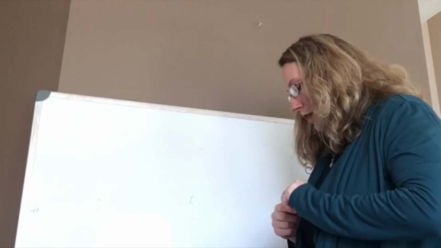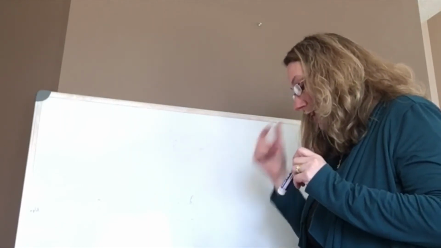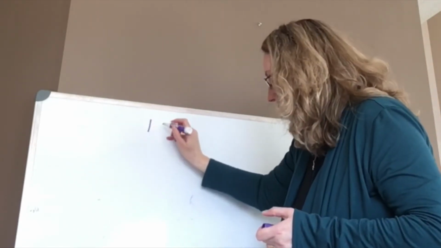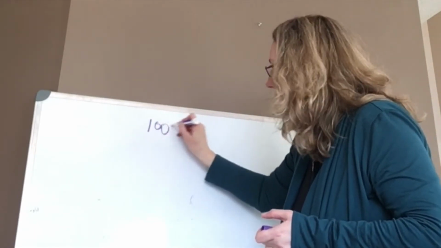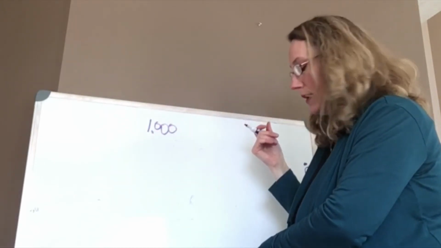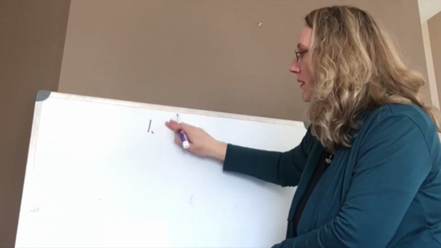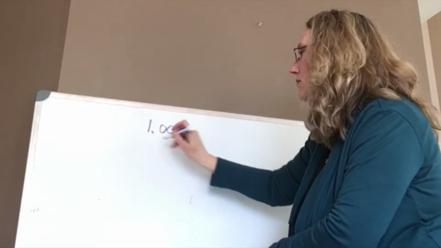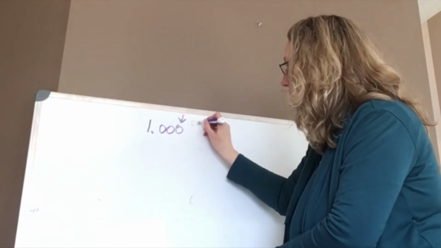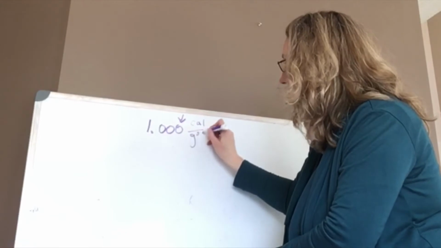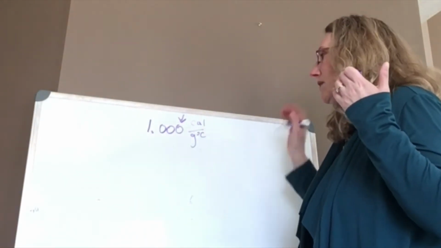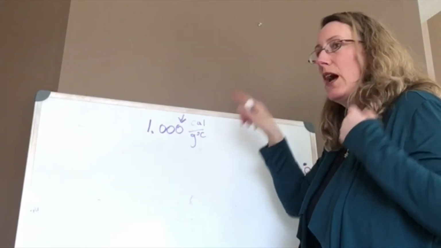So, the specific heat of water is always the same. It's 1.0. I'm sorry, 1.000, just because I can. It's 1.000 because it's measured to that spot. Calories per gram degrees C. Is that important? Yes, because the specific heat is how much, but we're learning how many joules.